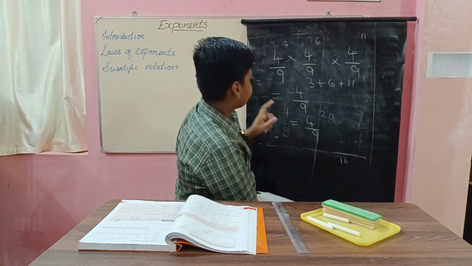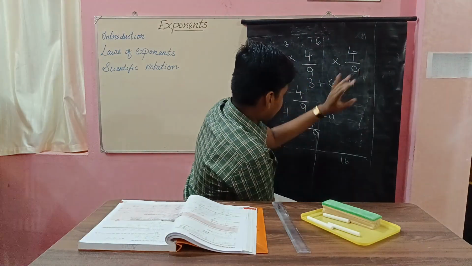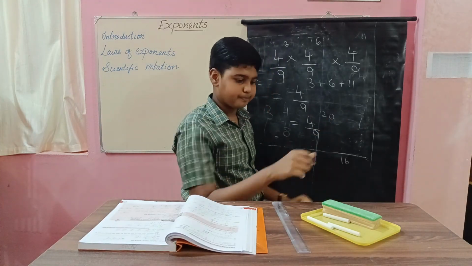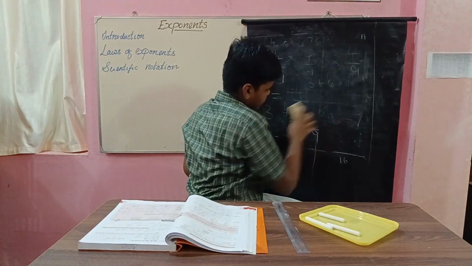So 4 by 9 to the power of 3 plus 6 plus 11. Now let's explain it. Use the product law: 4 by 9 to the power of 3 plus 6 plus 11, which is equal to 4 by 9 to the power of 20. Okay? That's all. Easy. And then another.